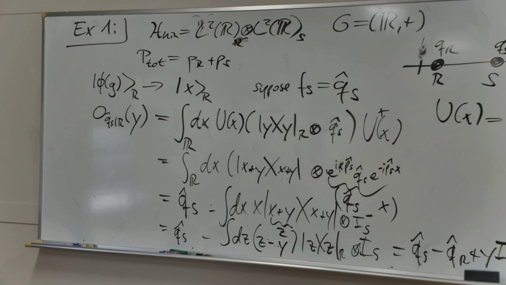Let's call this t tilde. Since we're integrating over all R, there's no problem here. T tilde, and then I have, I guess, Us of t minus tau, Fs, Us dagger of t minus tau.